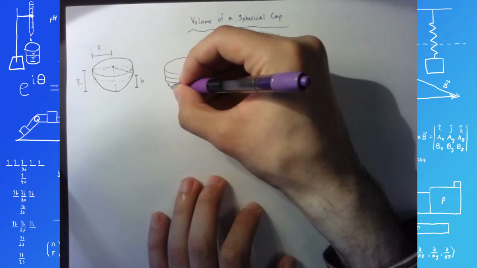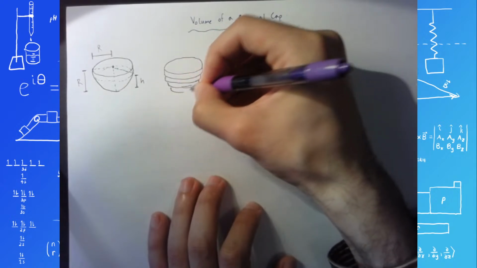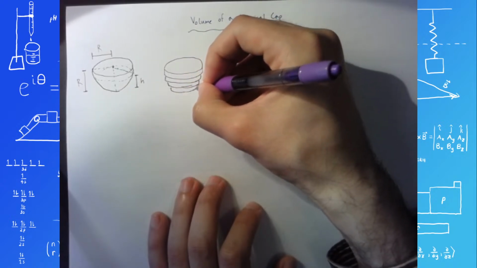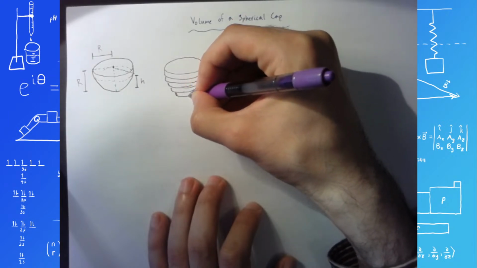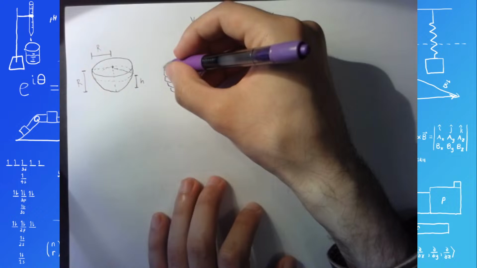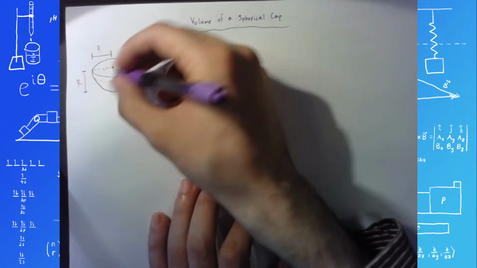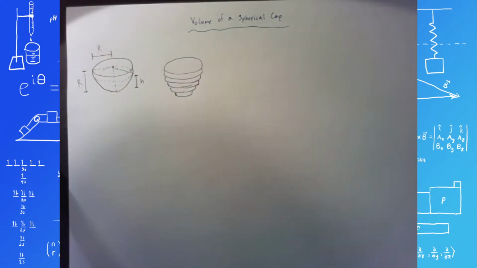Drawing skills still need work, as you can see. But eventually the disks get smaller and smaller, and they're supposed to add up to some sort of hemispherical shape. So we could do that, and I think that's the approach I'm going to go with.